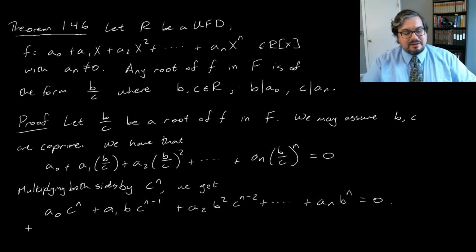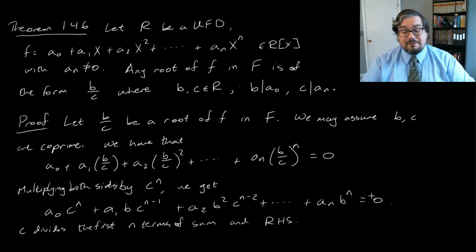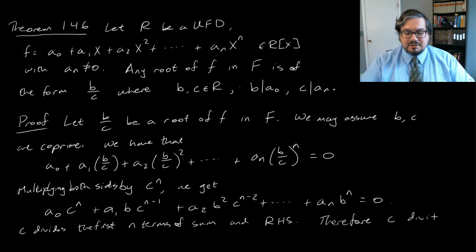Now what you'll notice here is that c divides the first n terms of the sum and the right-hand side. Everything divides 0. There's at least one factor of c in each of the first n terms, all of them except the last one. So therefore, c divides an times b to the n.